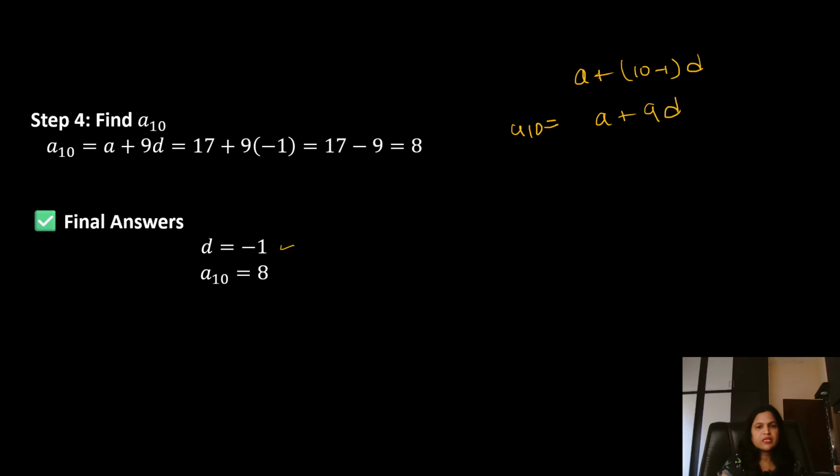A is 17, and 9 into the d value minus 1 is minus 9. 17 minus 9: 10 minus 9 is 1, plus 7, that is 8. The final answers: d equal to minus 1, a10 equal to 8.